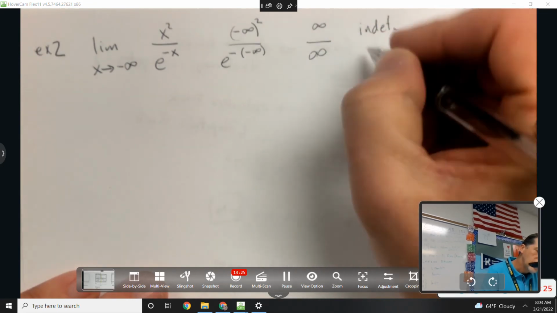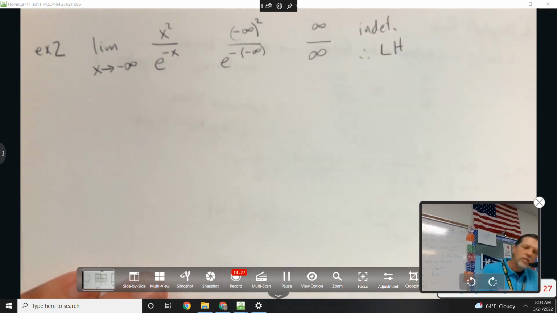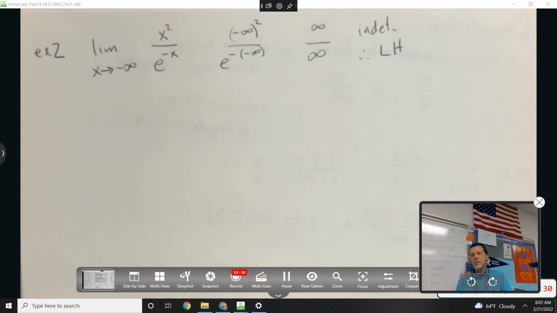So indeterminate, therefore we'll use L'Hopital's rule. Again, 0 over 0, infinity over infinity, doesn't work. Use L'Hopital.